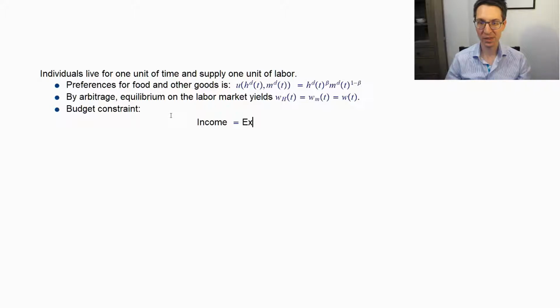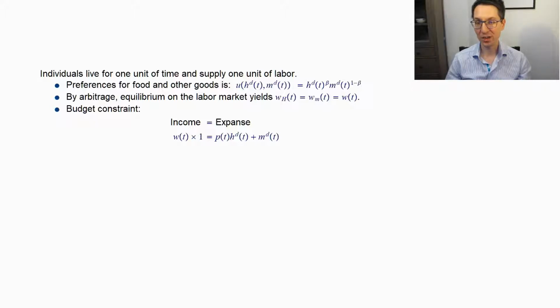The income is the wage rate, which is the same for any sector, WT, times 1 because they work 1 unit. And this equals the expense on harvest, which is PT, the price of harvest, multiplied by HD, the demand for harvest, plus MD, the demand for other goods. Of course, this would be multiplied by 1, the price of other goods.